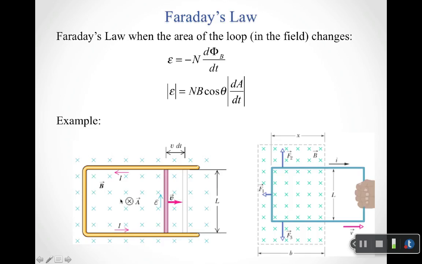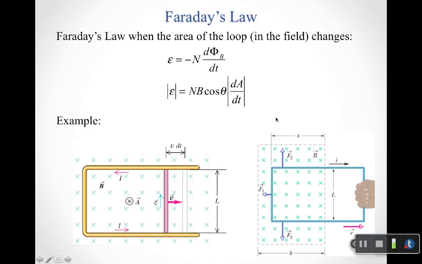So this would be a situation where by moving this bar around, I'm actually changing the area without doing anything to the magnetic field or to the relative orientation. In that case, I can pull out B, it's constant. Again, the relative angle between the magnetic field and my area is constant. So these things I can pull out of the derivative, and I'm left with dA/dt. Or I might not change the area of the loop, but I'll change the area of the loop that's in the magnetic field.